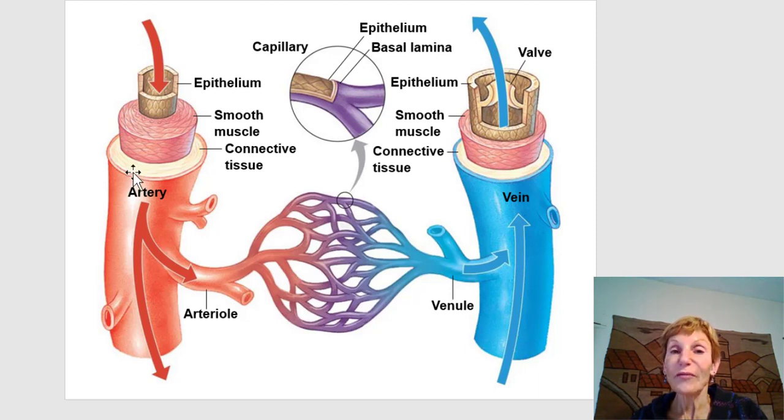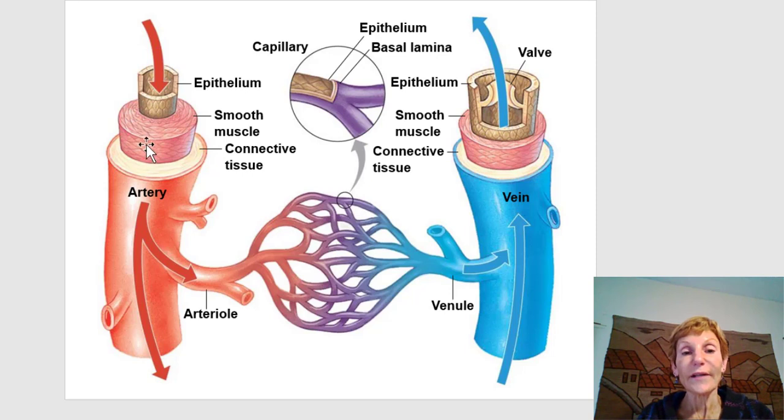We mentioned before that the walls of the artery are thicker than the ones in the veins. That's because they have to withstand a greater pressure, because the blood is coming straight from the heart to the arteries, whereas the pressure of the blood by the time it gets to veins is much lower, and so they don't have to be as thick walled.